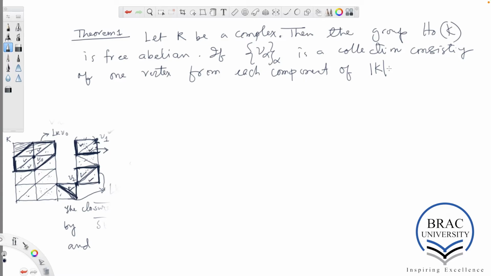So we pick a vertex from each component of mod K.